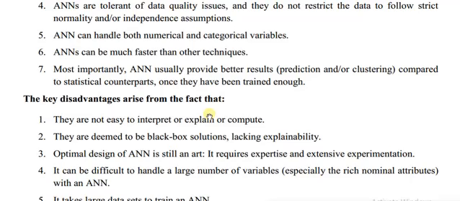Then, optimal design of ANN is still an art, so it requires expertise and extensive experimentation. How many layers do we need to have in a network? That depends upon how much expertise we have in that domain.